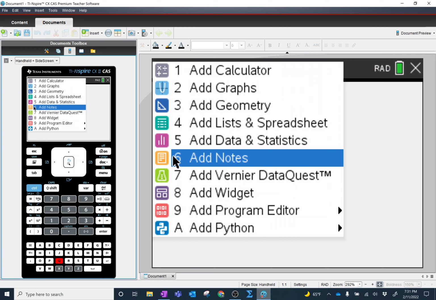Now we also want to go to the menu. Okay, so let's go open a document. All right, let's do a new document. Okay, so let's not do that. Okay, so we're going to add a graph in.